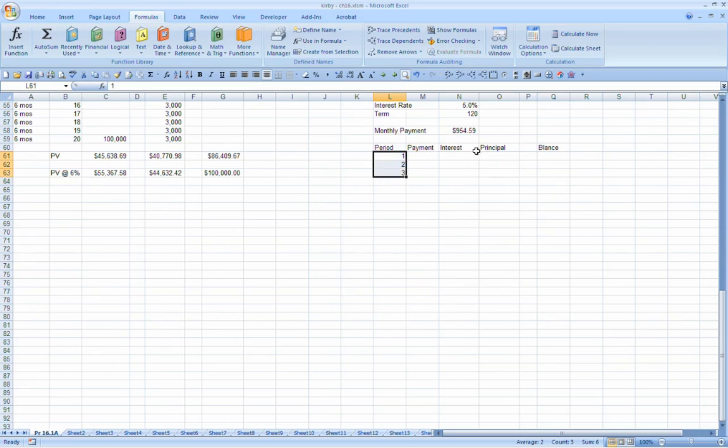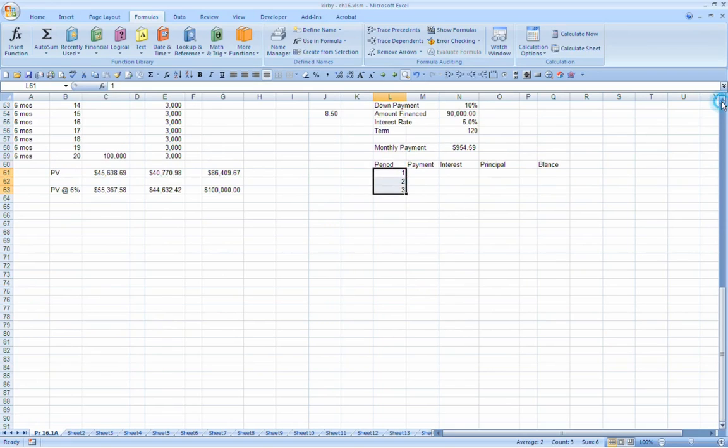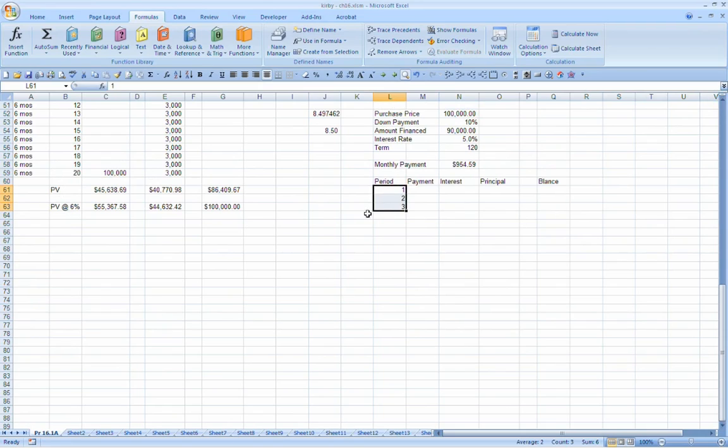And I'm going to scroll down here so we can just focus on this. Oh, I want to make this simple. I'm going to make annual payments on this. I guess putting the word monthly in there was a bad idea. I'm going to make annual payments.